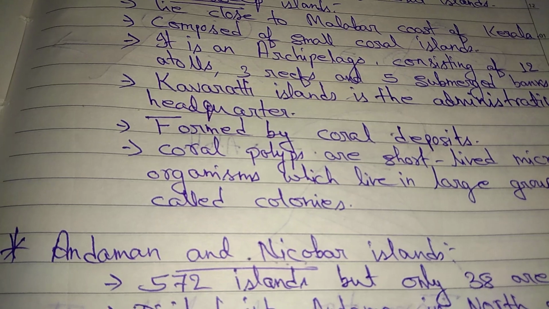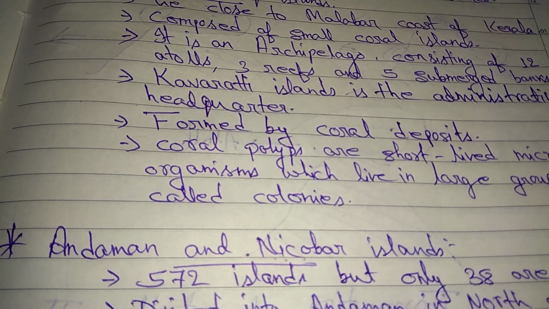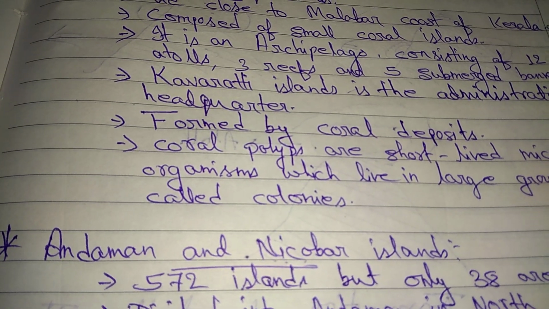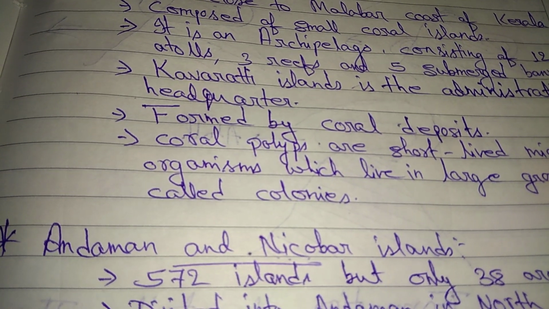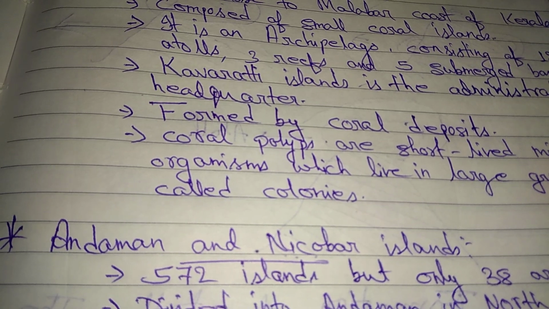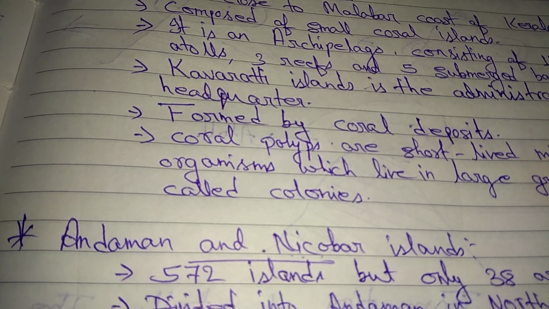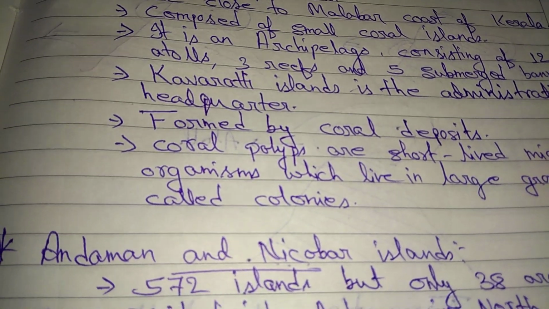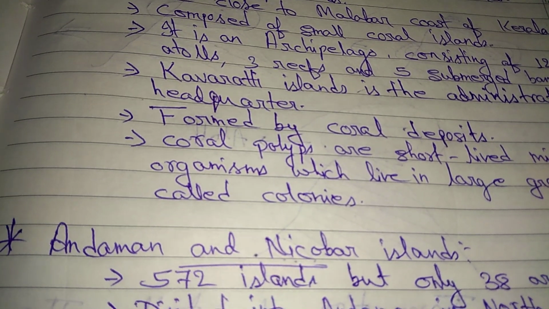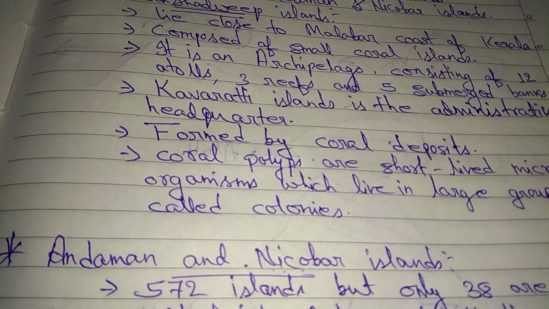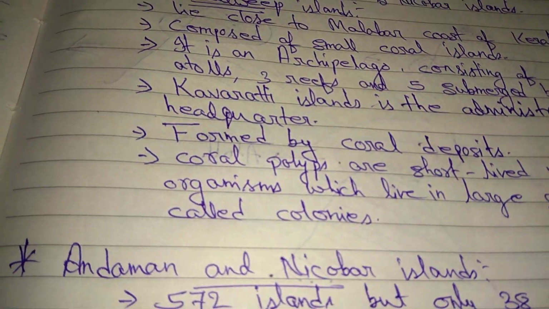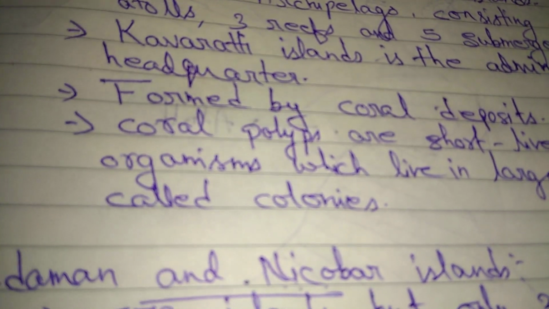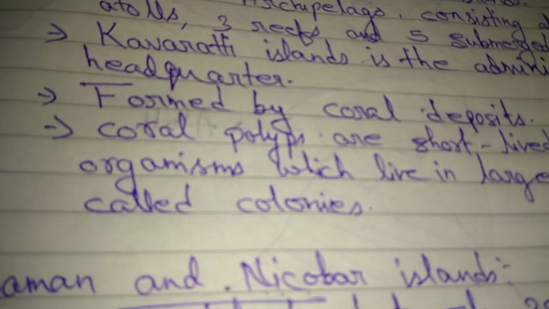When coral begins to settle and grow around an ocean island, they thrive in shallow, mud-free and warm waters. They secrete a hard rock-like substance. The coral secretions and their skeletons form coral deposits in the roof of reefs, and thus 3 reefs are formed, that is, barrier reef, fringing reef, and atolls.